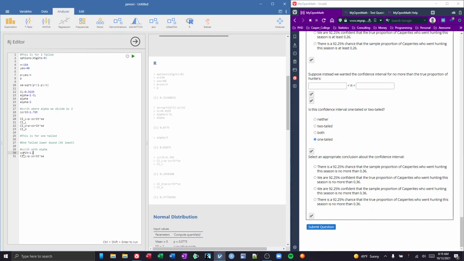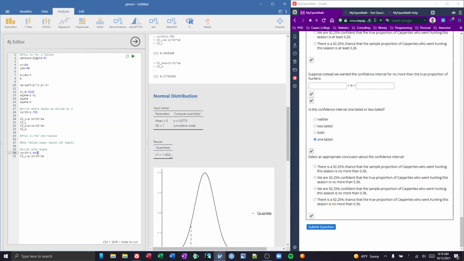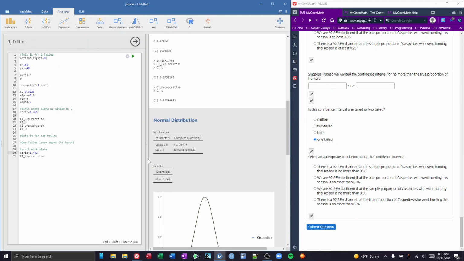Just double check that, make sure that we got that right. Yep, 1.442. Okay, so now that's going to be our lower bound, and our confidence interval upper is just going to be equal to 1 because we're going to go to our maximum value. Now, if we were dealing with means, remember we'd go to positive or negative infinity, but with proportions, we can only be as high as 1 or as low as 0.